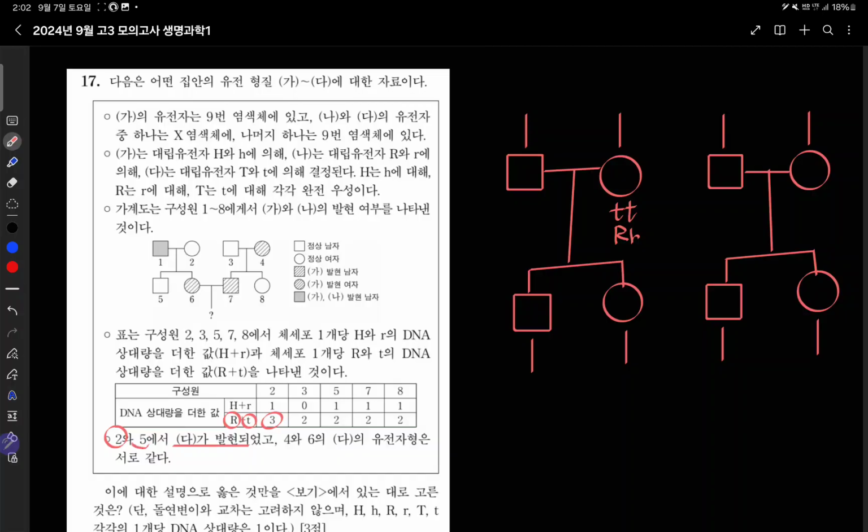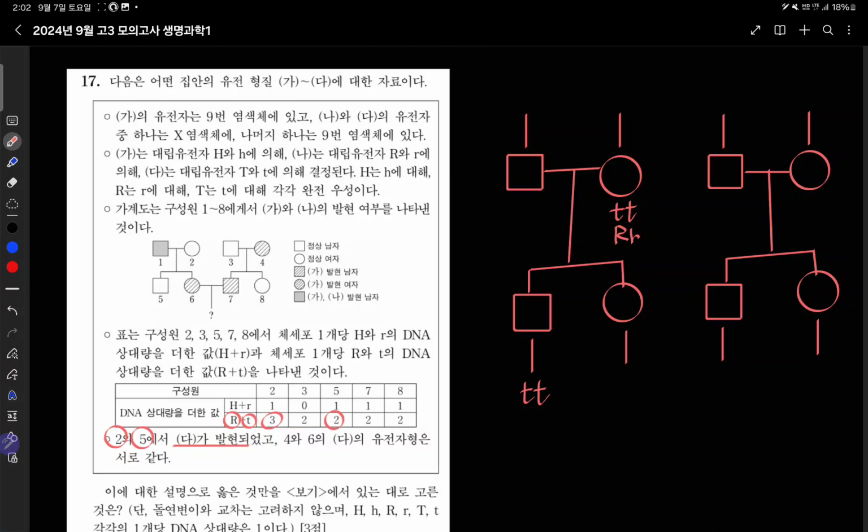And if we look at individual number 5, there's 2 as the number of capital R or lowercase t alleles, and individual number 5 also has the third trait expressed. But in this case, if he has 2 t alleles, he cannot have one capital R allele.